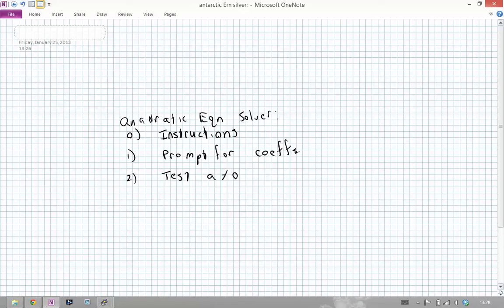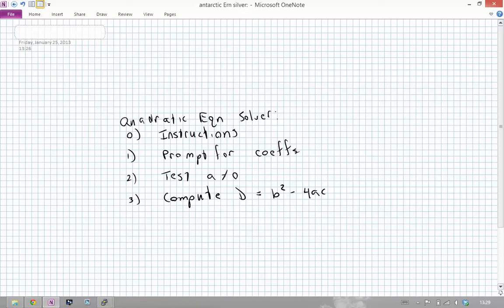Categorize the discriminant. We need to compute the discriminant, right? So we need to compute D equals B squared minus 4AC.